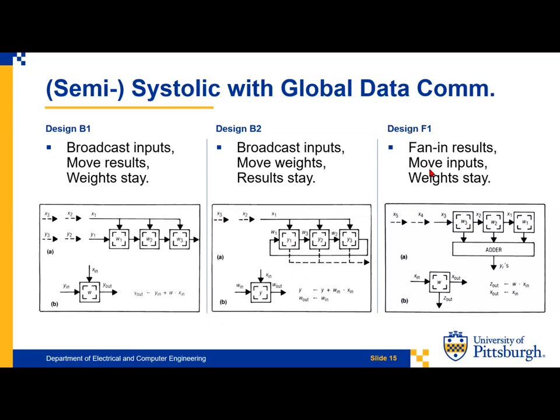And for F1, the input will propagate to each processing element, and it will do the multiplication, and then the adder will do the accumulation, and you can get the final result. Each figure has its own definition at the bottom.